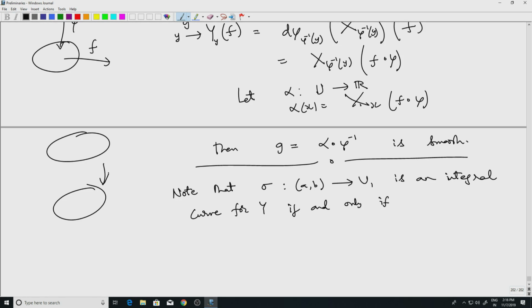This is phi, U1. So if I have an integral curve sigma here, literally sigma would be a map from here to here.